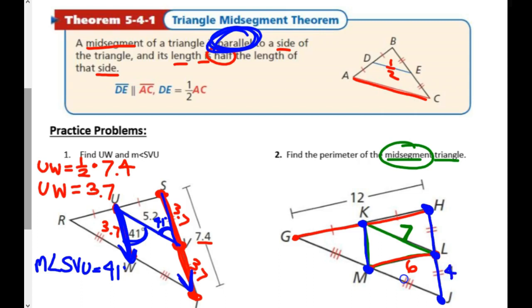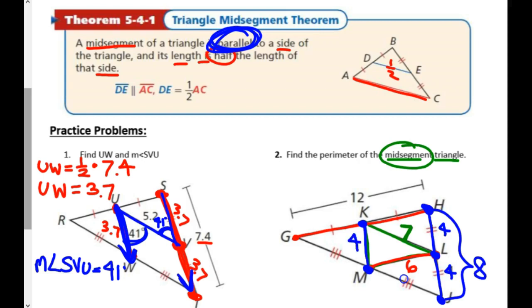What's the other half going to be? 4. What's the whole thing going to be? Add them up. 8. So again, they're not always giving you the whole segment. If they give you half the segment, you can figure out the whole segment, double it, right? So guess what KM is going to be if the parallel side is 8? Half of that, which is 4. Okay?